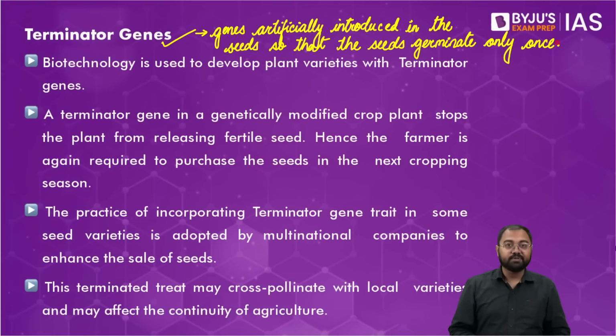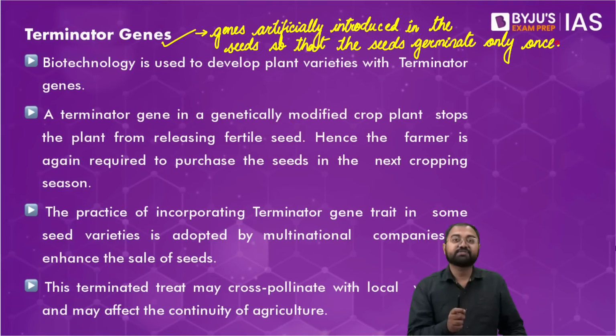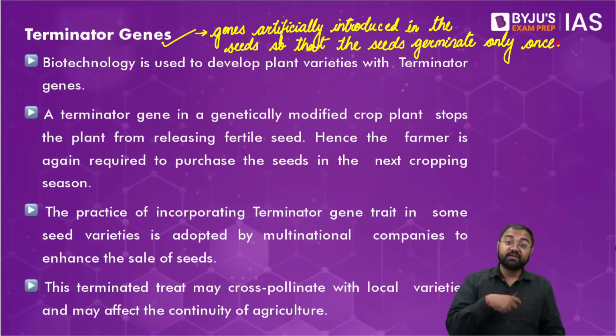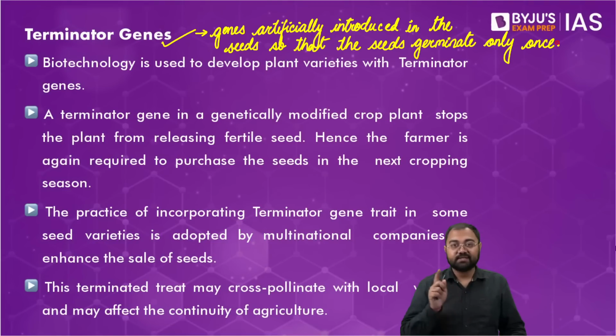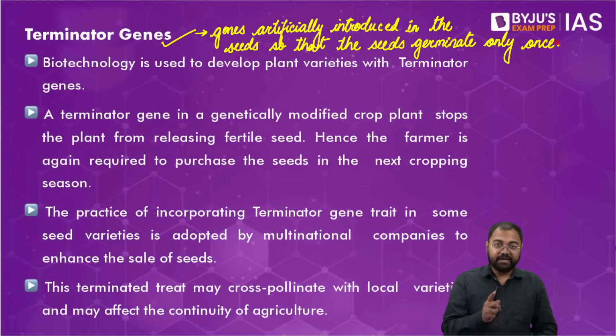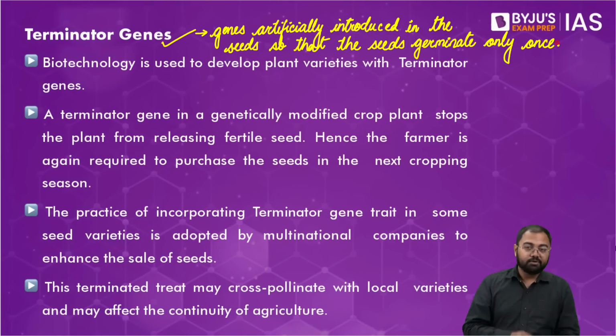And that's a big problem, because the next year again you'll have to go back to the market and buy those seeds, and this time the prices would have increased because they have already made you dependent on them. So that's an unethical practice. But many of the big seed companies, agricultural companies, have actually used this practice of introducing terminator genes in a manner that the seeds only germinate once.